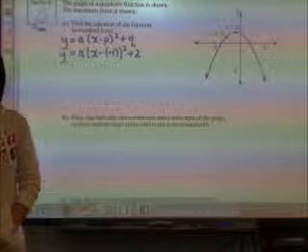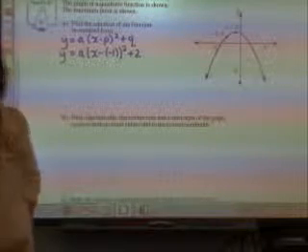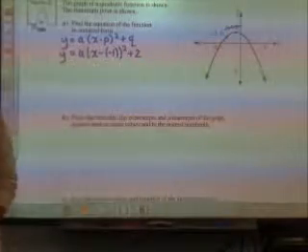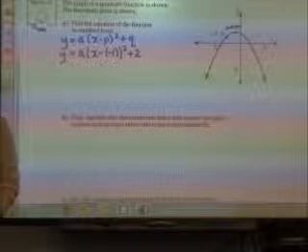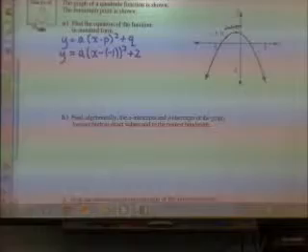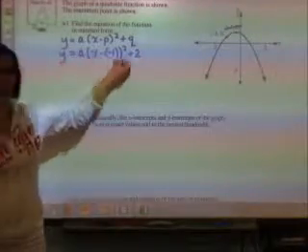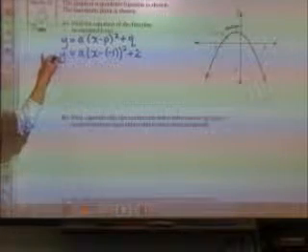So I use this point. What does that other point tell me? Yeah. The other point tells me if I substitute it in for x and y, it has to make this a true statement.